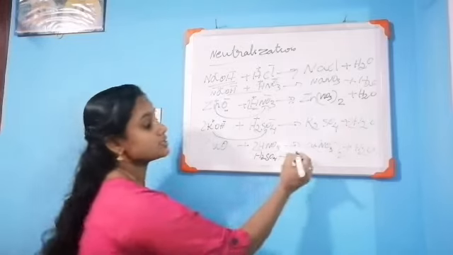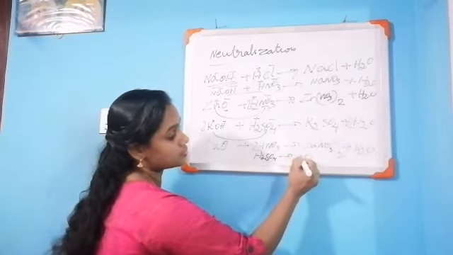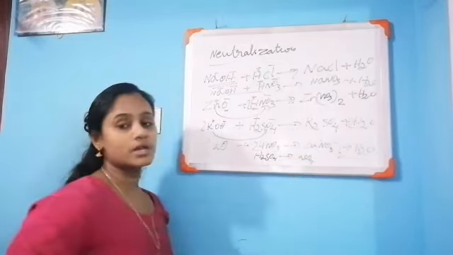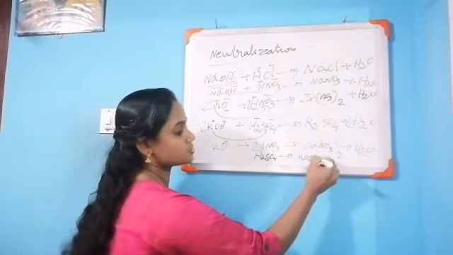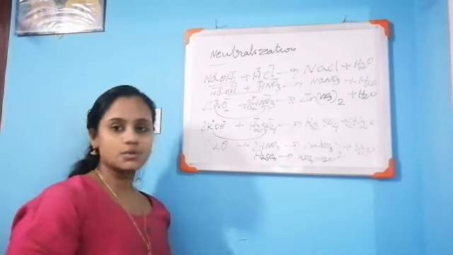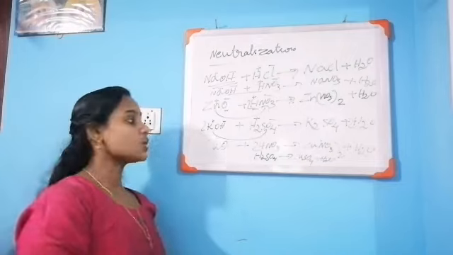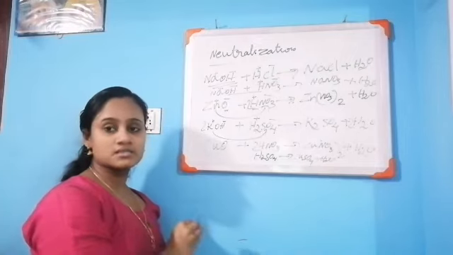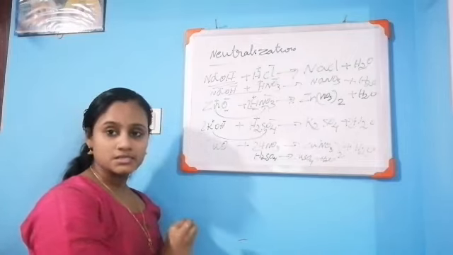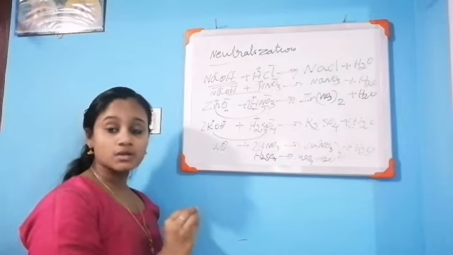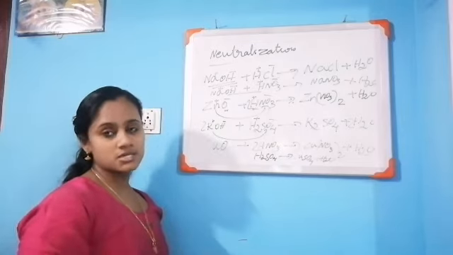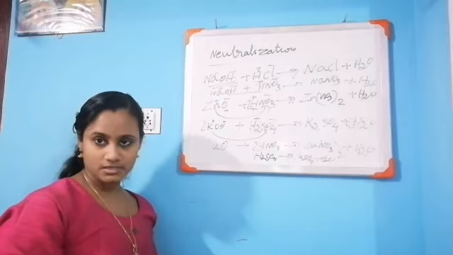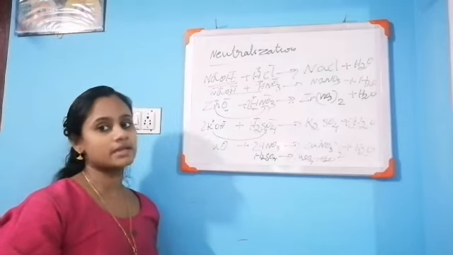Copper valency 2, sulfate valency also 2. So copper sulfate formula is CuSO4 and H2O. Clear now, dear children? So base and acid, or alkali and acid, react to form salt and water. That reaction is called a neutralization reaction. After that you must balance the equation.